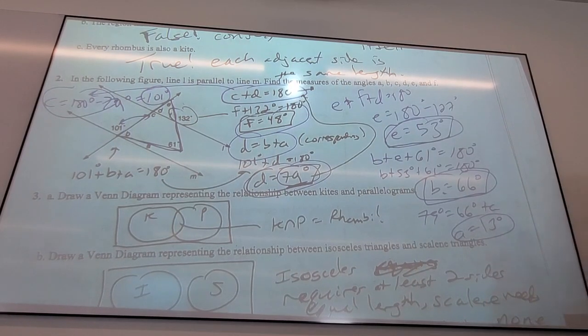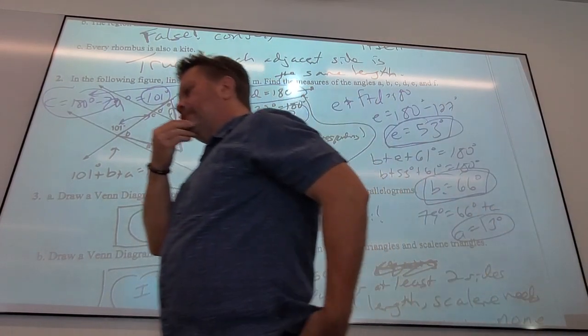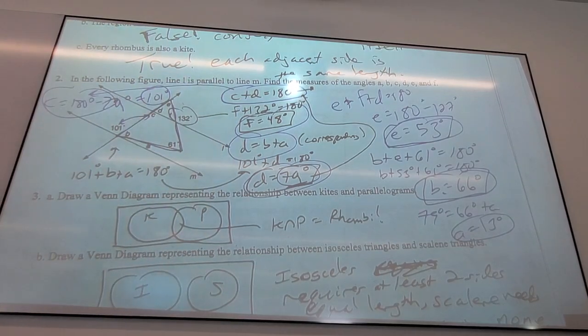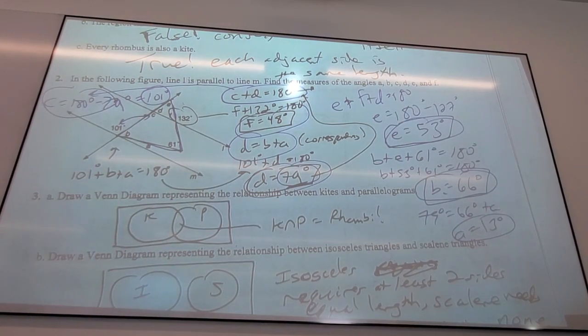So if I were you, I might focus on every shape we talked about and the defining qualities of that shape, and then take a step back and start to realize what other shapes meet those definitions.